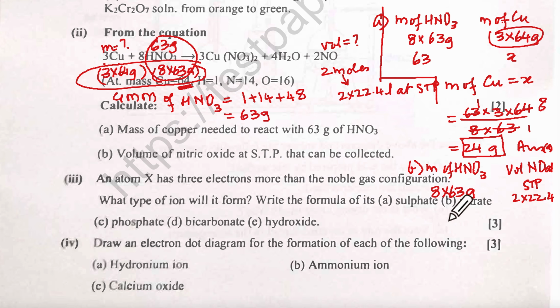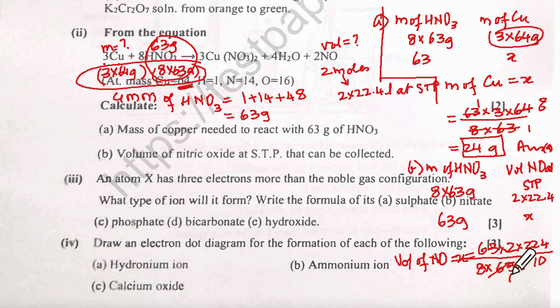So if it is 63 grams, then X. So what you'll say, volume of NO will be equal to numbers X will be across multiply, equal to X equal to, tell me, 63 into 2 into 22.4 upon 8 into 63.